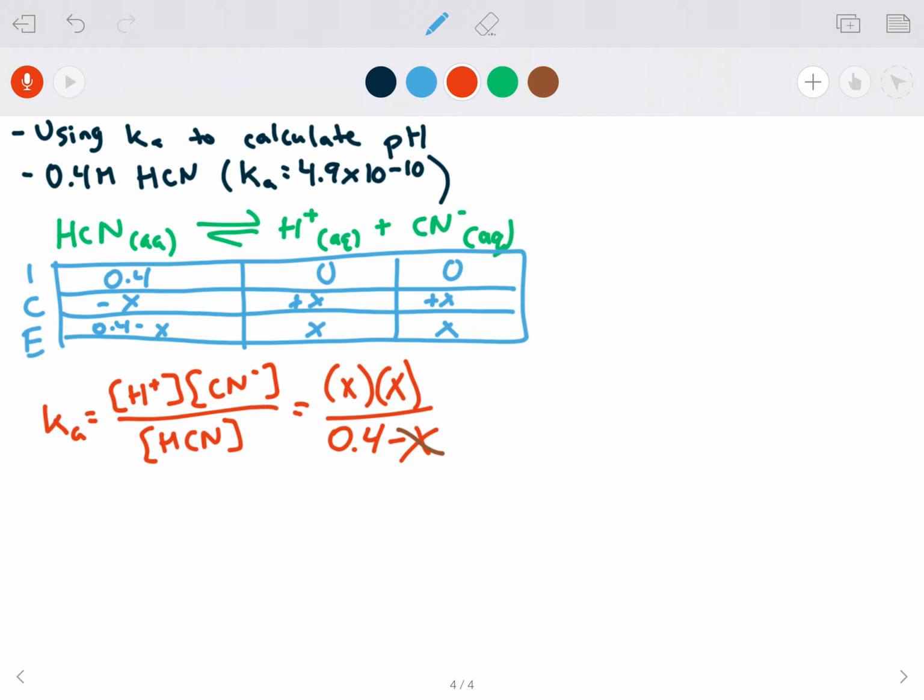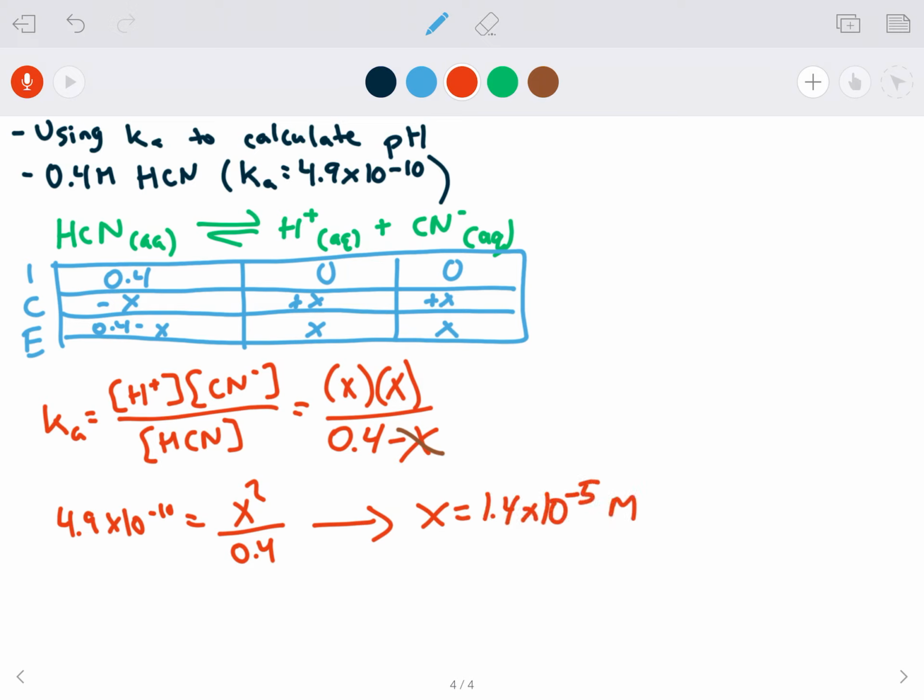So now I'm going to get 4.9 times 10 to the minus 10, so that's Ka, is equal to X squared over 0.4. So when I do this math, I get X is equal to 1.4 times 10 to the minus 5th molar.